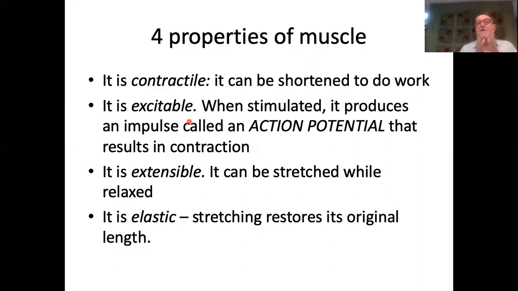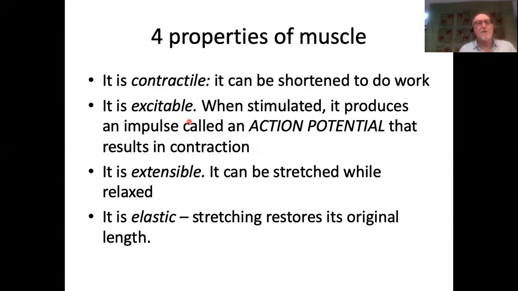But there's no muscle action potential that can cause the muscle to extend. It can only contract. So the muscle cell is actually extensible. That's the next property. It can be stretched as long as it's relaxed.